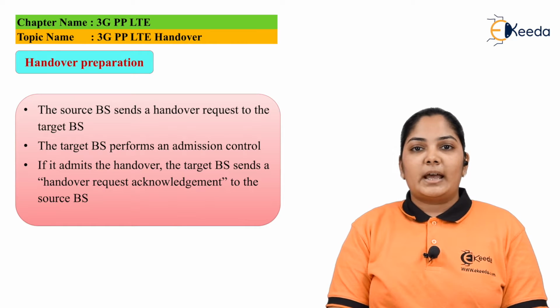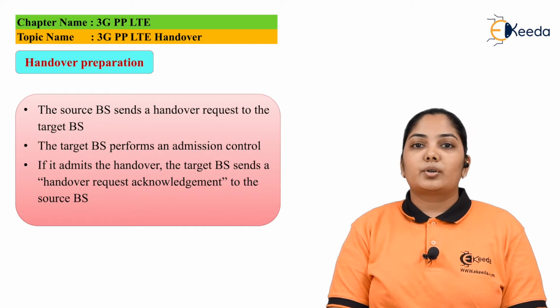If it admits the handover, that means if it is okay with the handoff, the target base station sends a handover request acknowledgement to the source base station. It basically tells that it is okay with the mobile phone being transferred to its channel.